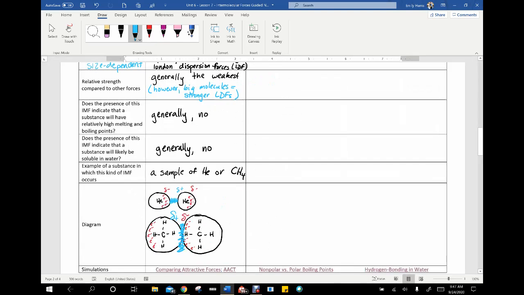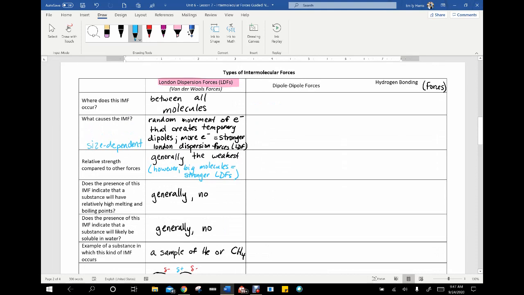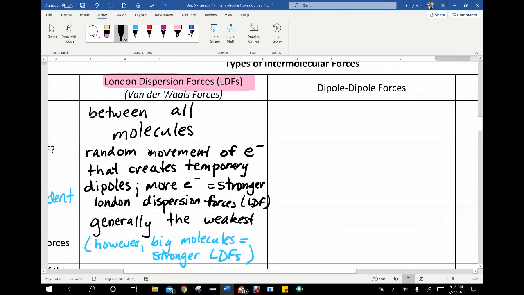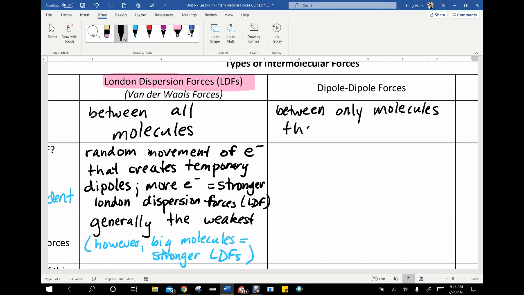Now, let's go back and talk about the two other forces, dipole-dipole forces, and then finally, hydrogen bonding forces. All right, so dipole-dipole forces, the name kind of gives us a hint. These are forces that occur only between molecules that are polar. London dispersion forces, however, occur between all molecules, even those that are non-polar.